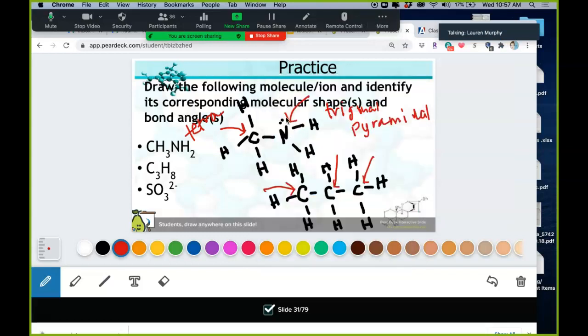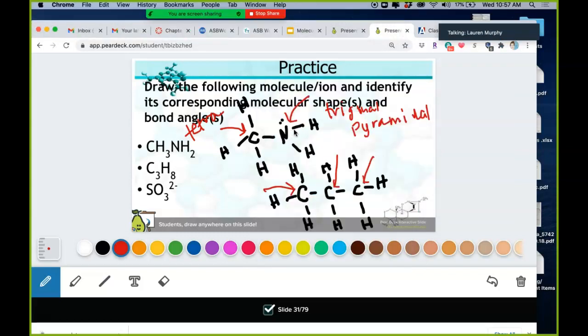Great. So this is not T shape. This is trigonal pyramidal. Okay. All of these carbons, 1, 2, 3, 4, carbon, 1, 2, 3, 4, carbon, 1, 2, 3, 4, are bonded 4 times. No lone pairs. So around every single carbon, it's tetrahedral.